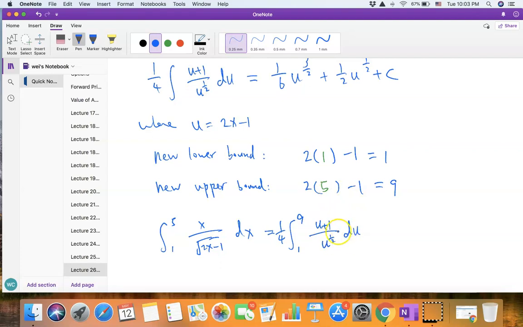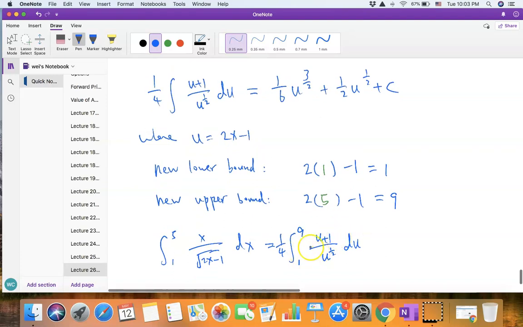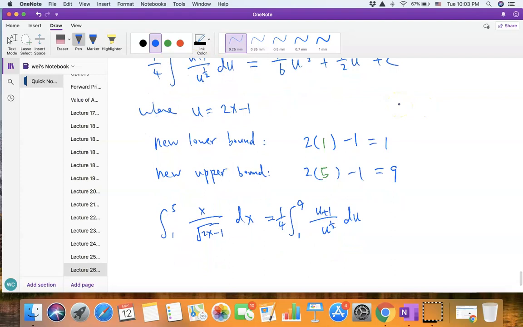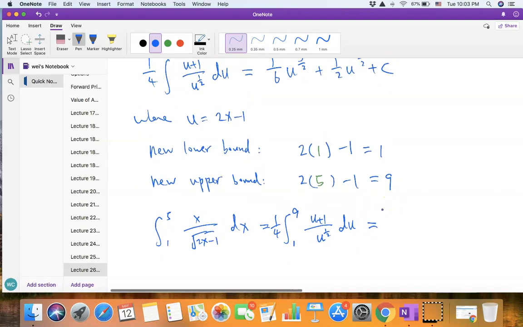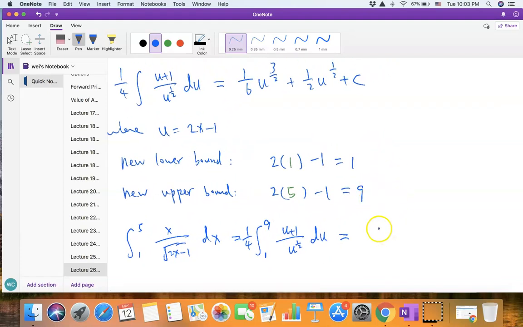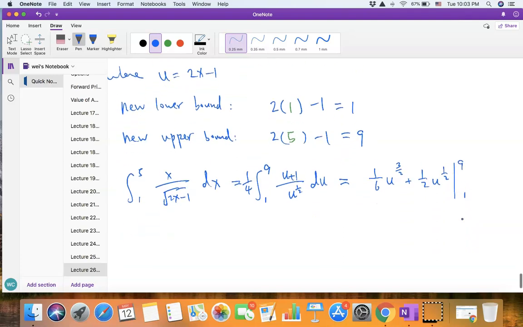And because we see that the antiderivative for this integral, the solution to this integral is this. So the answer to this definite integral is equal to 1/6, where u is from 1 to 9.